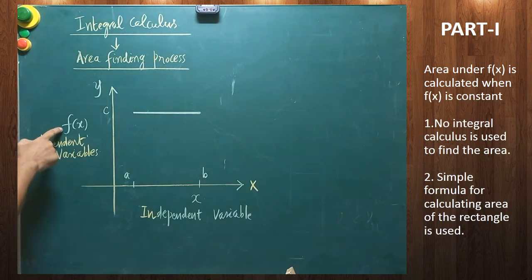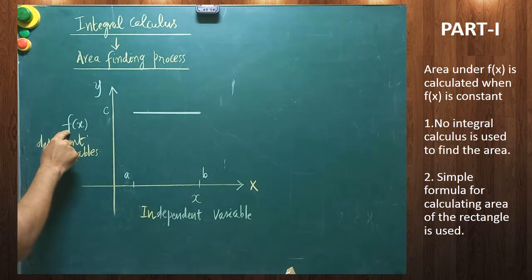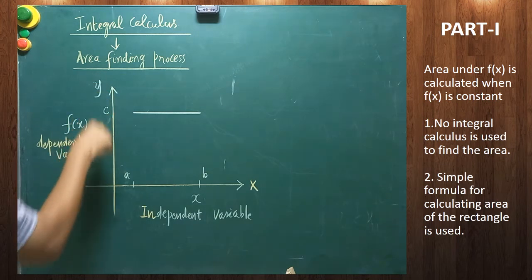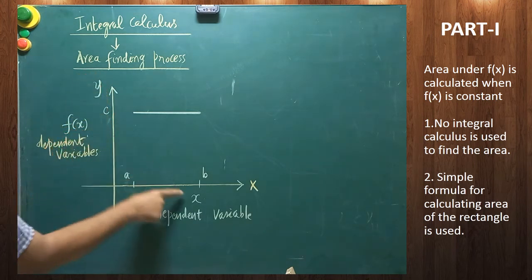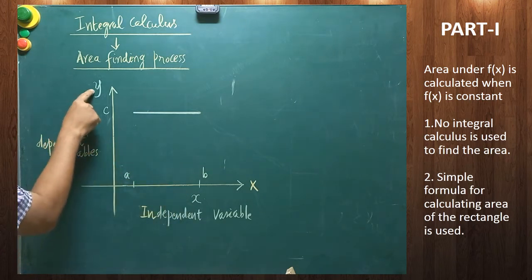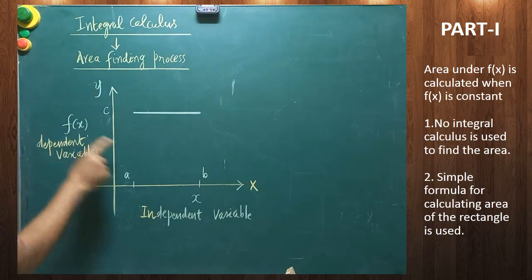Here you should know what is f of x. F of x means the variables which are taken here along the y-axis. They depend on which quantity? x. That is, these variables are all functions of x. Are you clear? They depend on x. So the quantities which are taken along the y-axis are functions of which one? x.